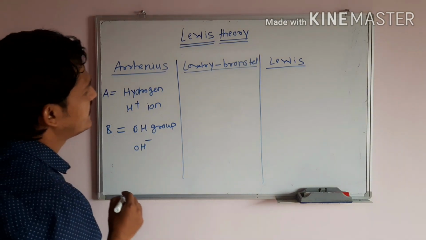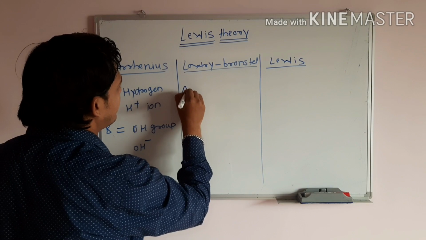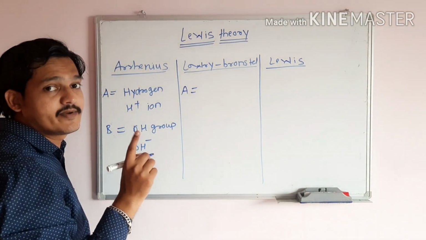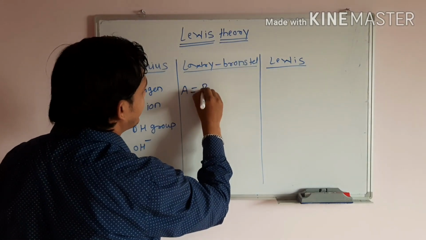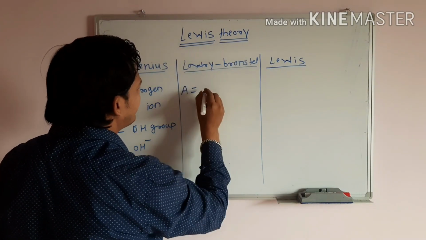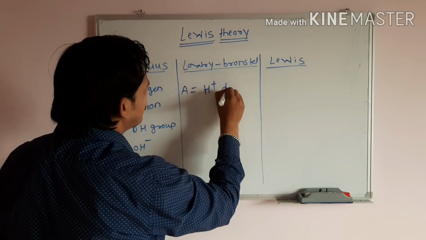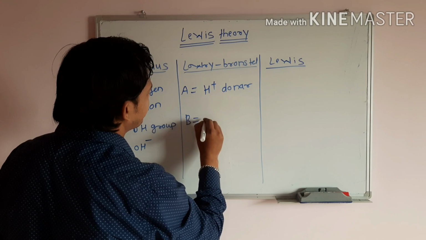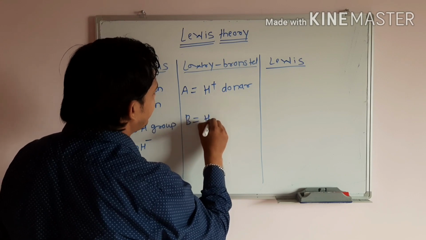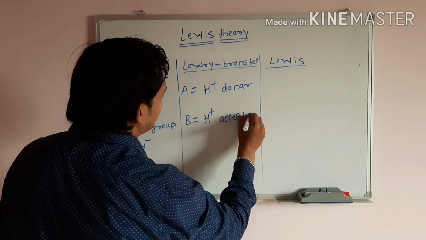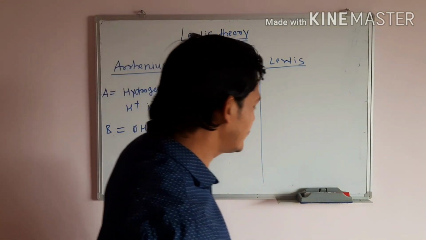In the Lowry-Bronsted concept, an acid is a proton donor, proton means H plus, so H plus donor. A base is a proton acceptor, that is, H plus acceptor.